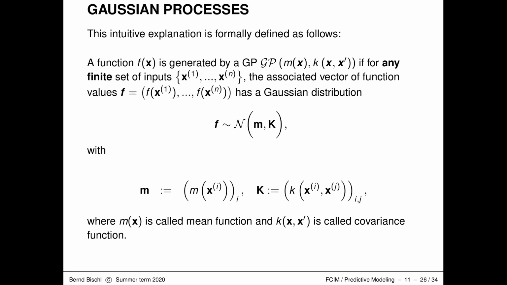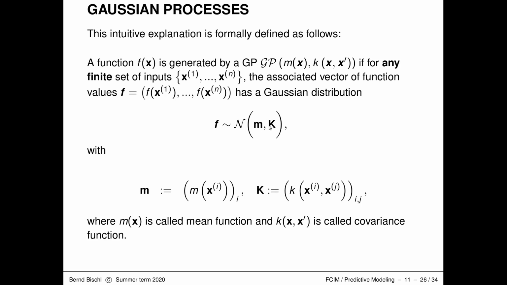Formally, well, I kind of already did this formal definition now. So we now want to say that a function f is generated by a Gaussian process, GP(m(x), k(x, x')), if for any finite set of inputs x1 to xn, the associated vector of function values, bold f, has a Gaussian distribution where this m here is the mean vector and this capital K matrix here is the covariance matrix.